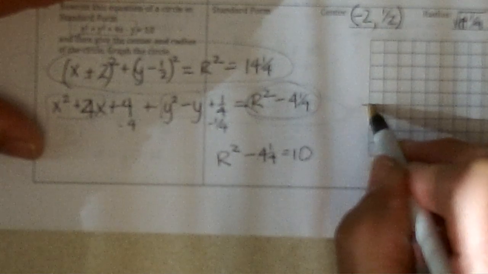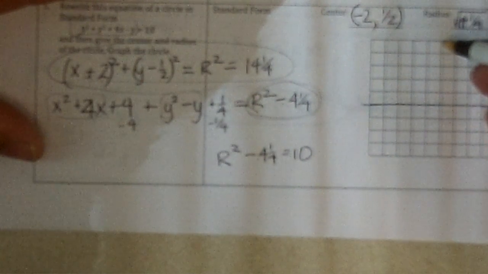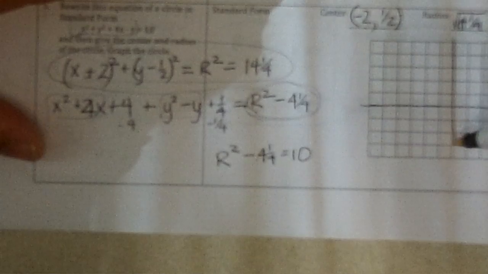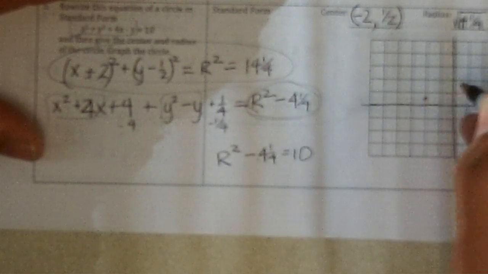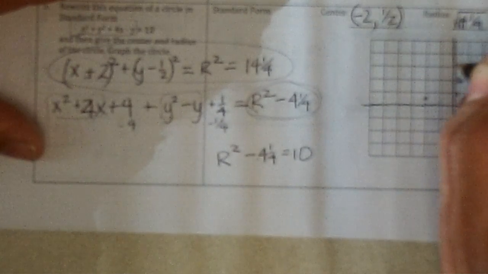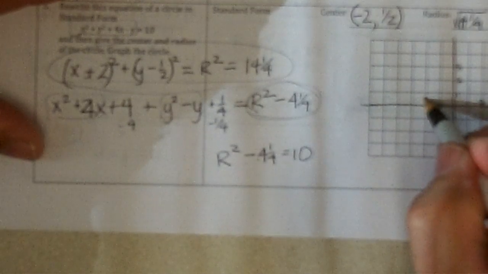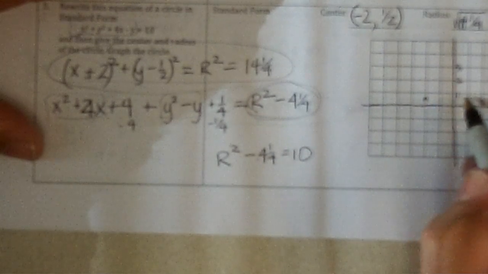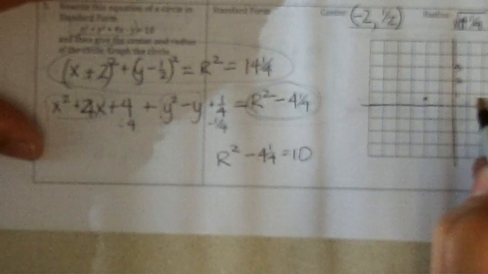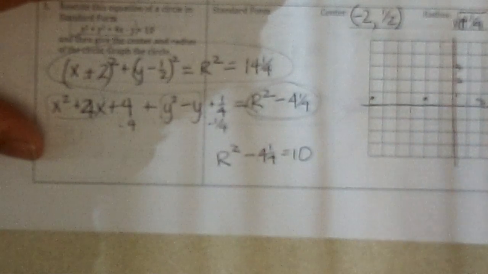So I'll use a little bit lower line here, and I'll move the y-axis over a little bit so I got a little bit more room to work with the center at minus 2, 1/2, where I'm using 1, 2, 3, and 1, 2, 3. And a radius of about 3.8-ish.